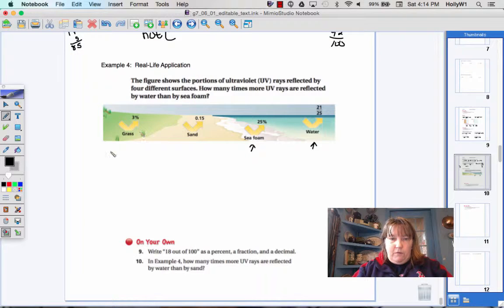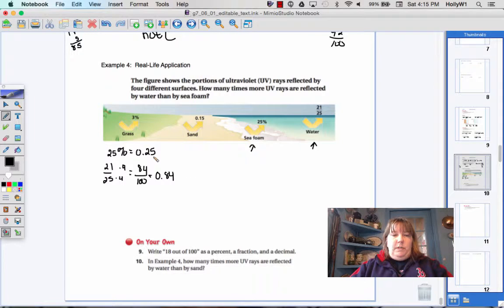So 25%, if we write that as a decimal, is equal to 0.25. And water is 21 over 25. Multiply that by 4, so we put this in hundredths. We get 84 hundredths, which is equal to 0.84.